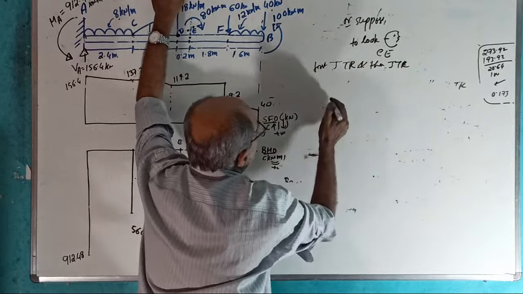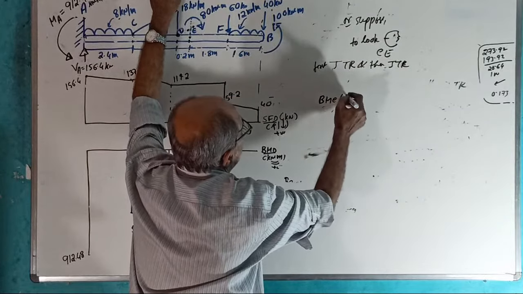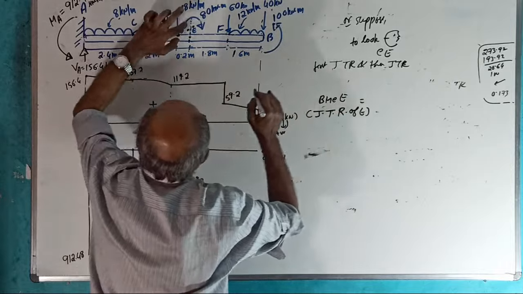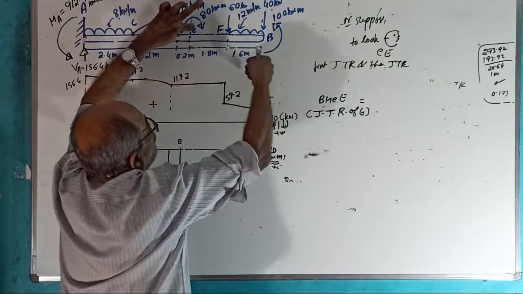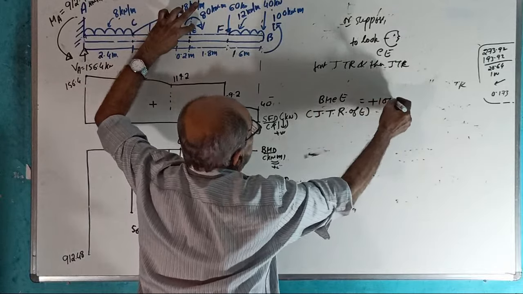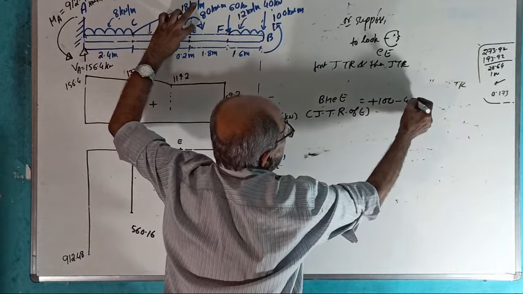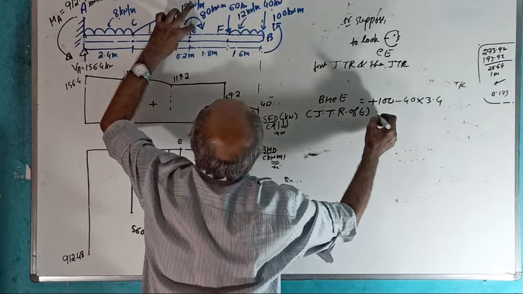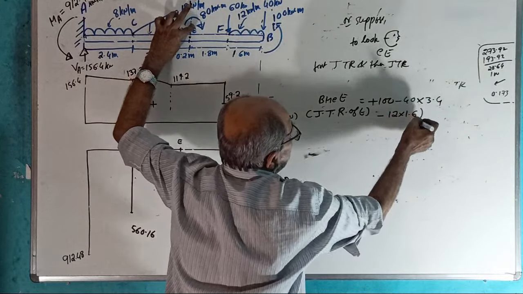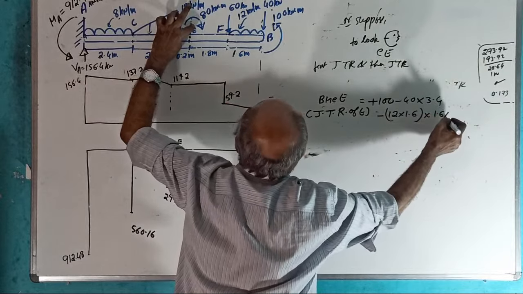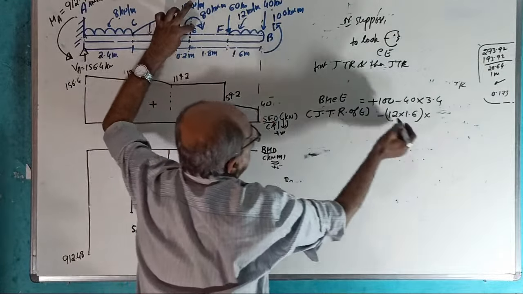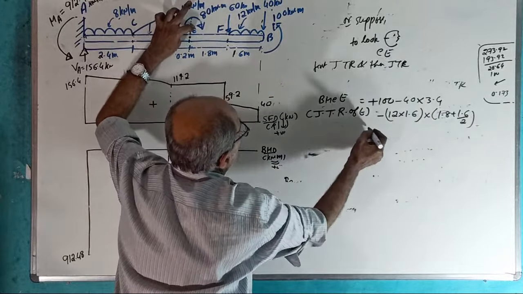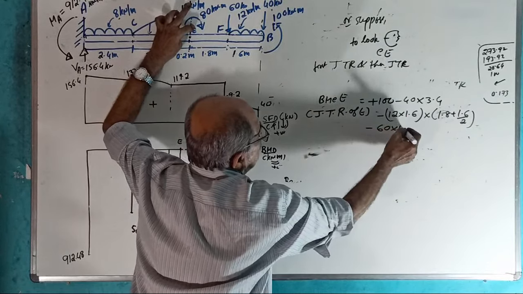Bending moment at E, just to right of E, equal to plus 100 minus 40 into 1.8, minus 12 into 1.6 into 1.6 by 2, minus 12 into 1.6 into (1.8 plus 1.6 by 2), and also minus 60 into 1.8.